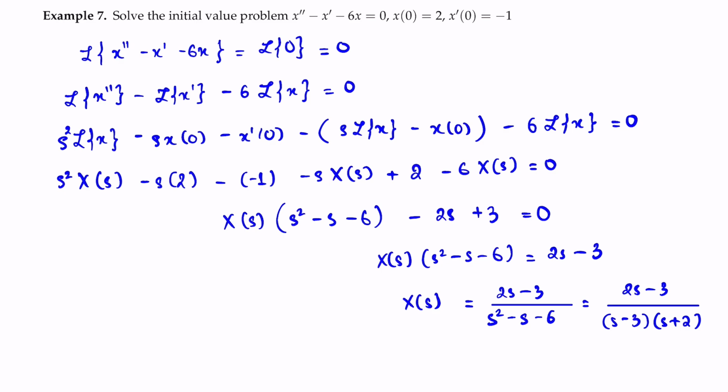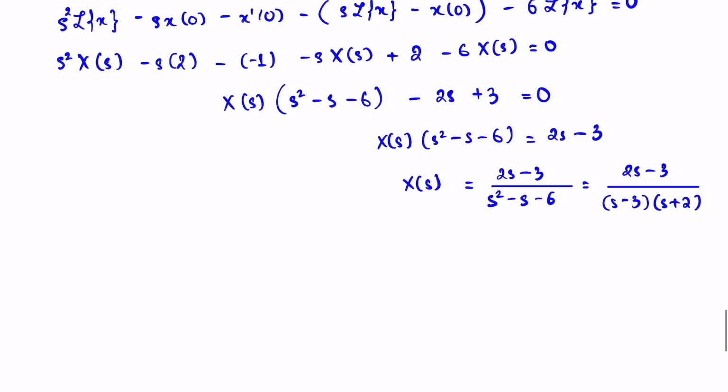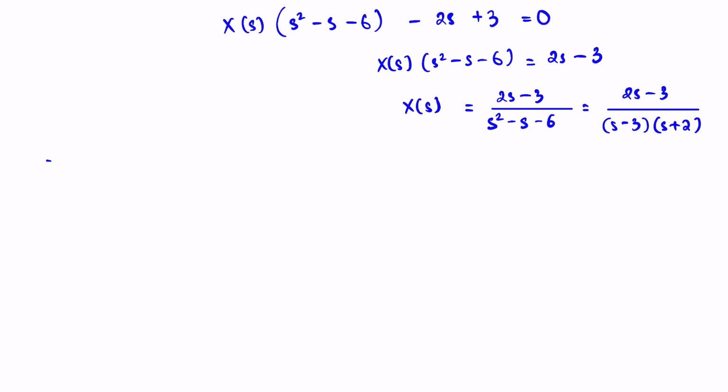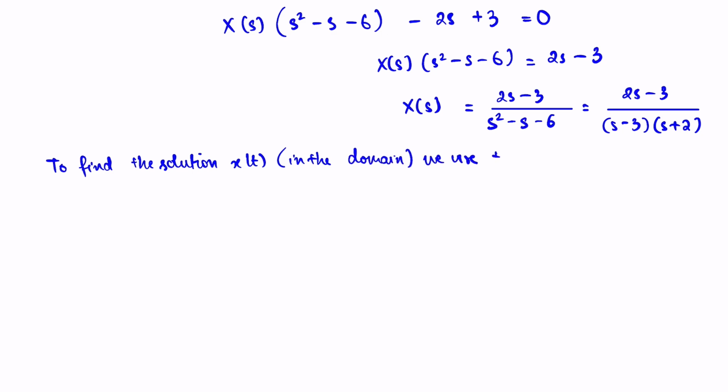Okay. So now the next step is to find the solution in the time domain. To find the solution x of t, we use the inverse Laplace transform on capital X of s.